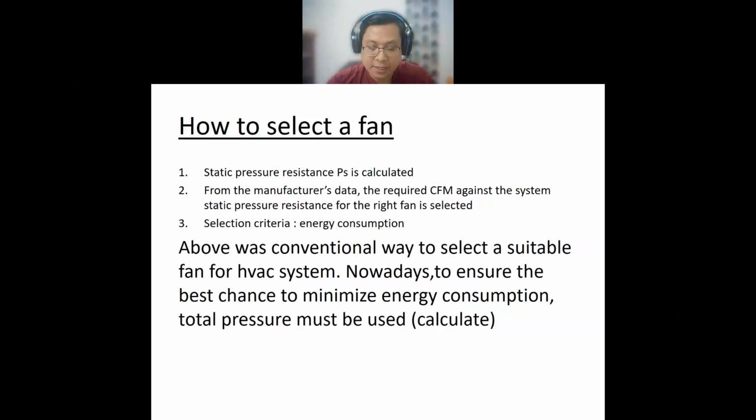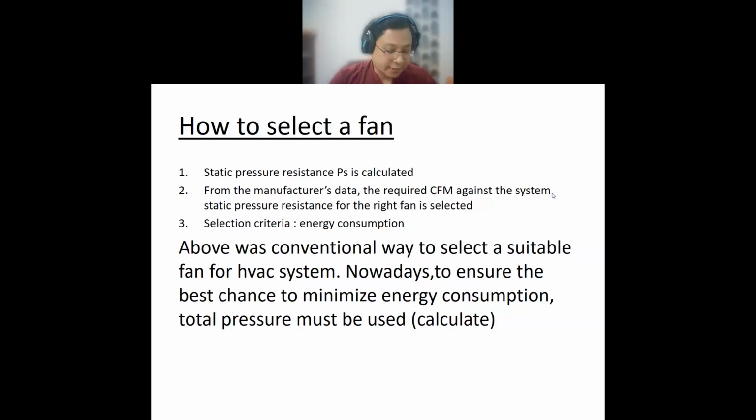So we need to calculate it first to define the pressure resistance. And then from manufacturer data, the required CFM against the system static pressure resistance, the right fan is selected.